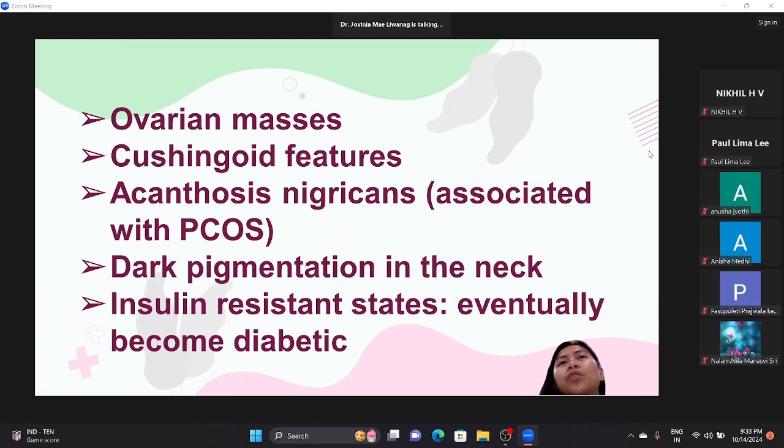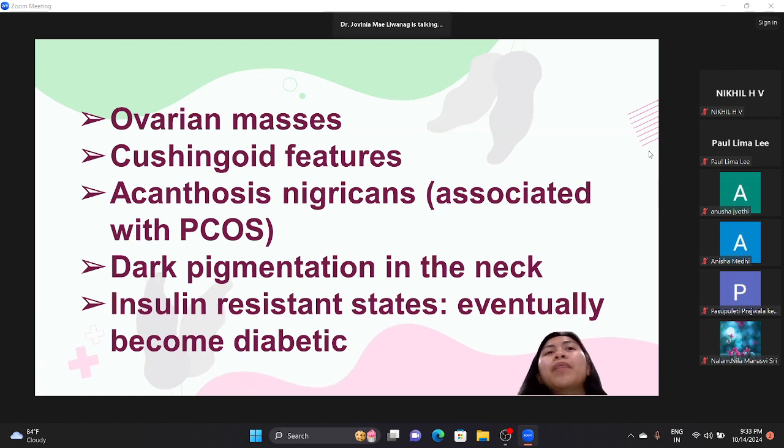We're almost done, we will finish in a while. We have 5 slides left. Another cause is ovarian masses. We will check if the patient has Cushingoid features. Also acanthosis nigricans. You know the acanthosis nigricans? It's the hyperpigmentation of the nape area.